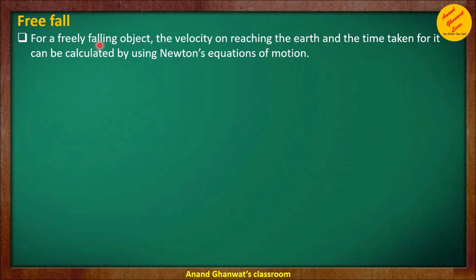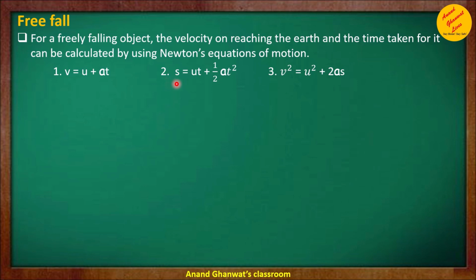For a freely falling object, the velocity on reaching Earth and the time taken can be calculated by using Newton's equations of motion. You know the three equations. First equation: v = u + at, where v is final velocity, u is initial velocity, a is acceleration and t is time taken.